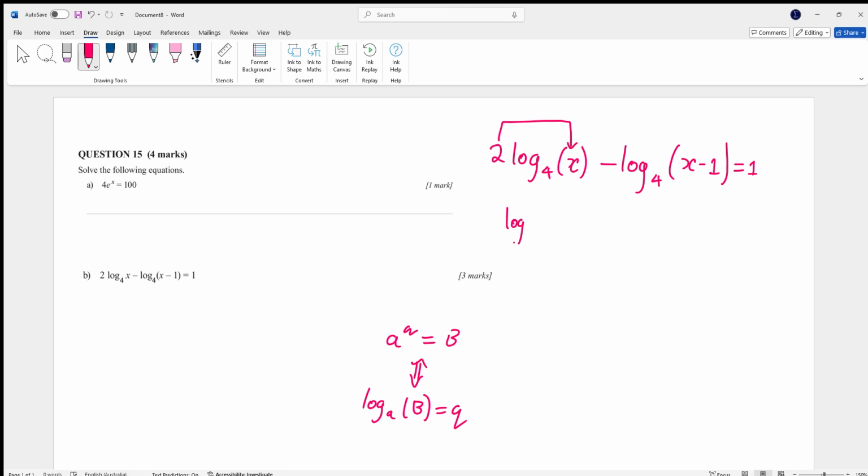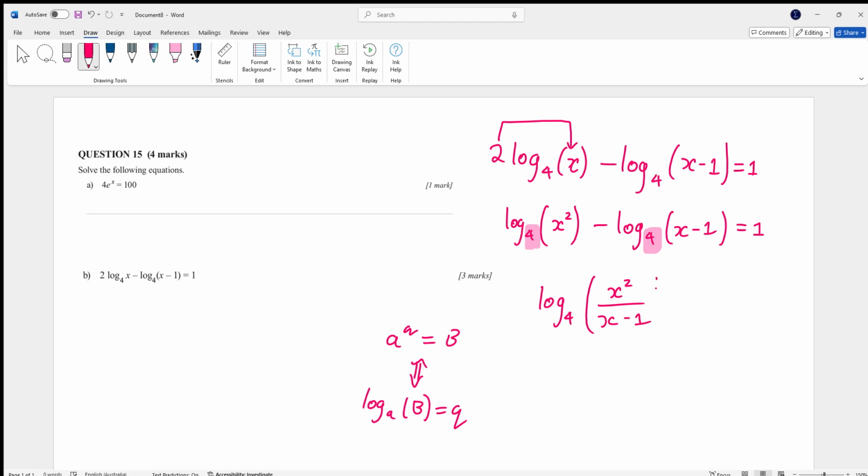So you have log 4 of x squared minus log 4 of x minus 1 equals 1. Now, because you're subtracting 2 logs with the same base, both of them base 4, you can divide the insides by one another. So you can write it as log 4 of x squared over x minus 1.